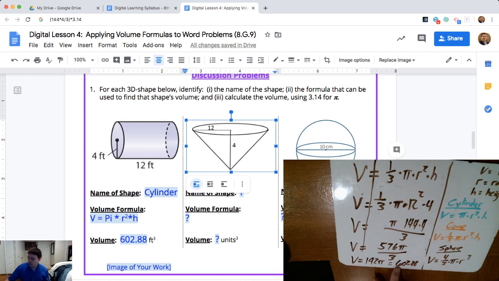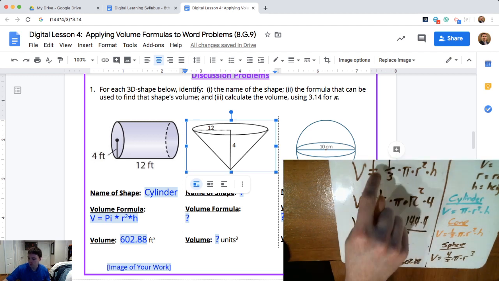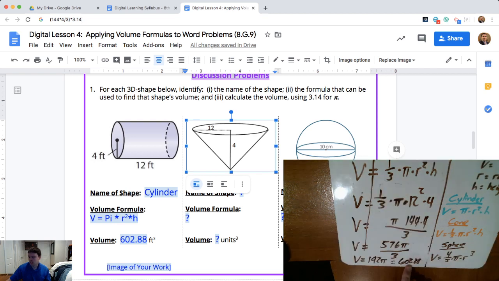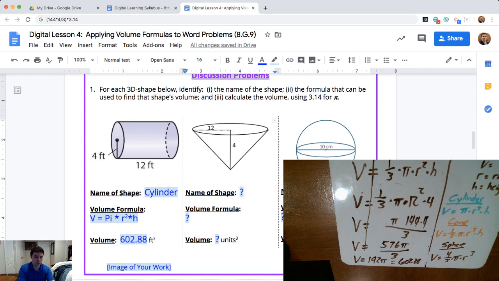Different volume formula, a little different, 1/3 because the dimensions are related, they're just a little bit larger. We actually ended up with the same exact answer of 602.88. In this case they didn't identify whether it was in feet, whether it was in meters, so in those cases you can just say square or cubic units in this case.